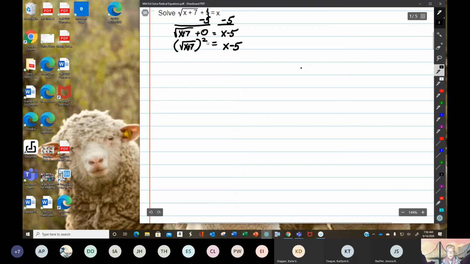I am going to square both sides so that I can get the x, the x is what I really care about, out from underneath the radical. Since squaring and taking a square root are inverse operations, they undo each other, and you're just left with what's underneath.